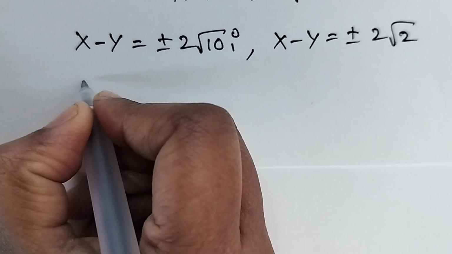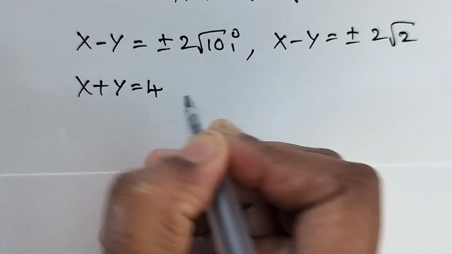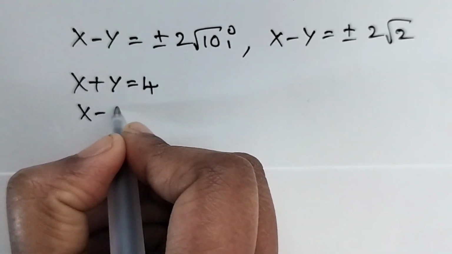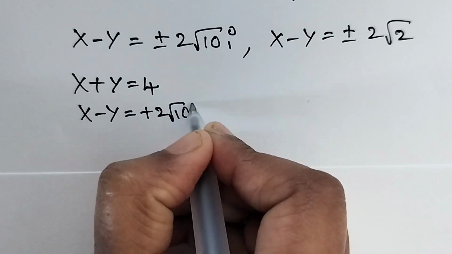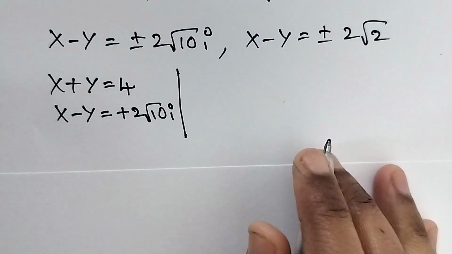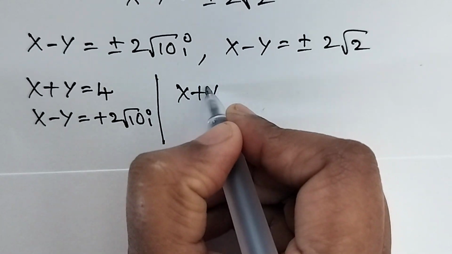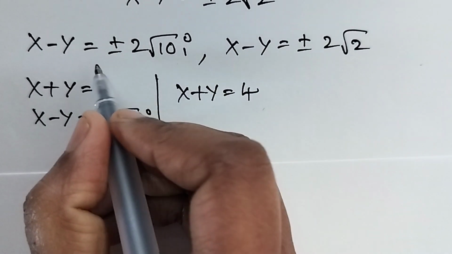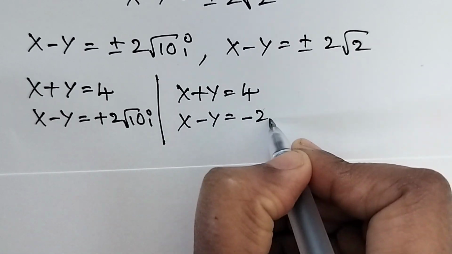So x plus y is equal to 4, and x minus y is equal to plus 2 square root of 10i, and x plus y is equal to 4, and x minus y is equal to minus 2 square root of 10i.